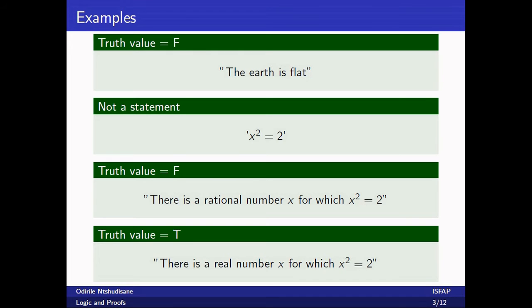And a final example, there's a real number x for which x squared is 2, which has a truth value of true because indeed there is a real number x for which x squared is 2, namely the square root of 2, which is real and not rational.